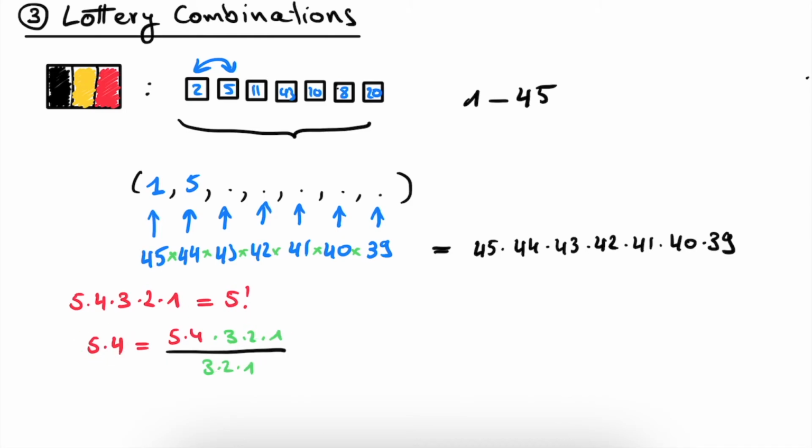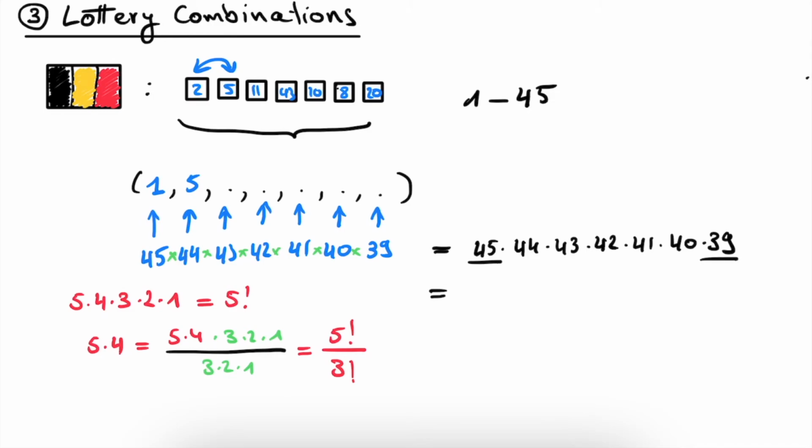However, we see that we've rewritten this 5 times 4 now as 5 factorial in the numerator, from 5 all the way to 1, divided by 3 factorial in the denominator, 3 times 2 times 1. And this is how this notation works. And we see that we can apply this with our multiplication from 45 to 39.